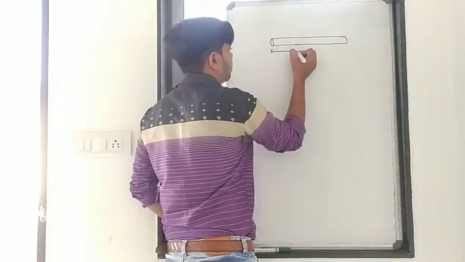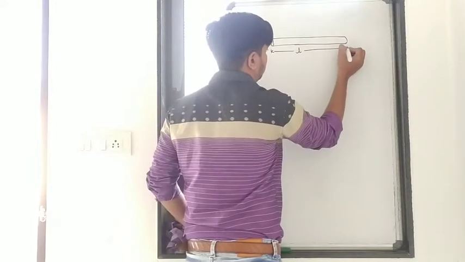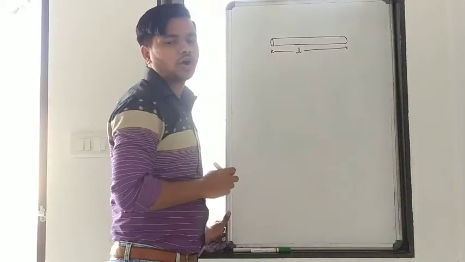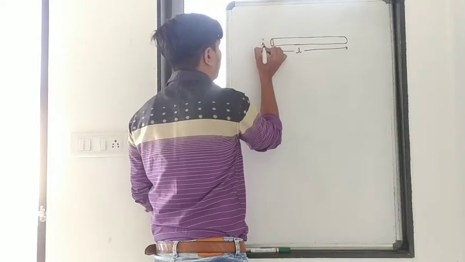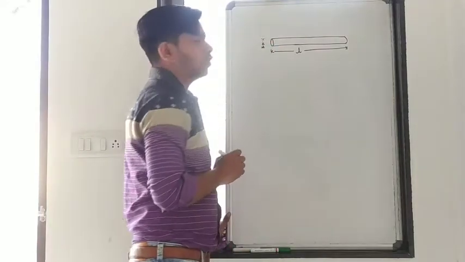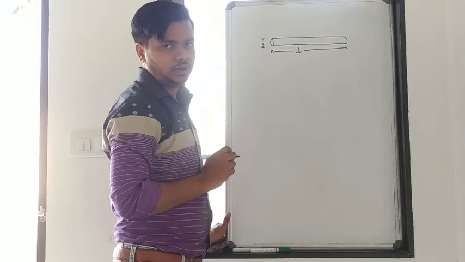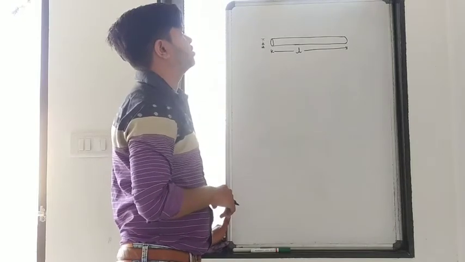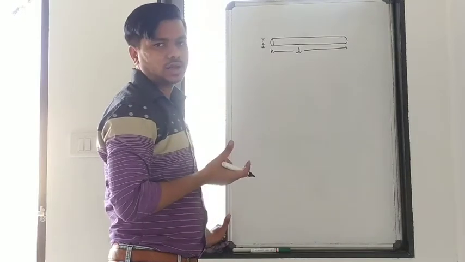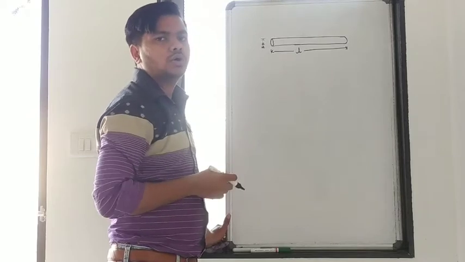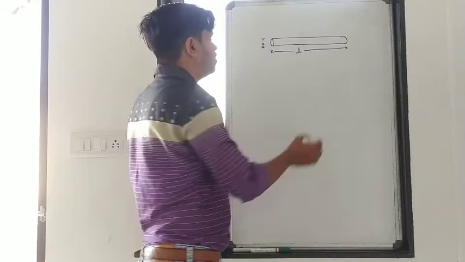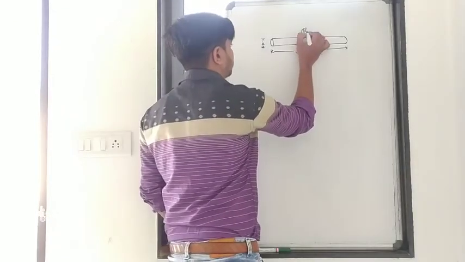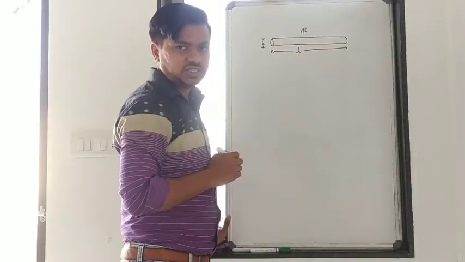The length of that copper wire is L. And the cross-sectional area of that is A. Now I am just putting this resistance in the circuit of Ohm's law, and I am just measuring the resistance, and I get the value of resistance, which is R.